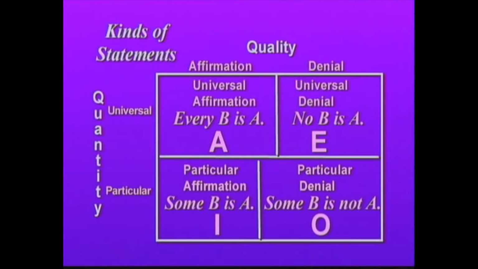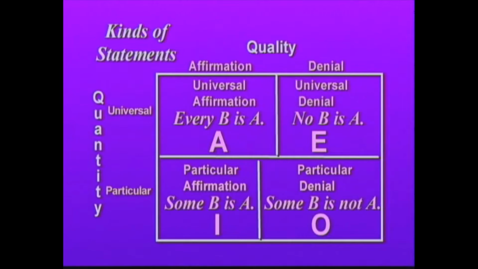Across the top is the distinction of statements according to what we call the quality of the statement, whether the statement is an affirmation or a denial. Along the left side is a division of the statement according to the quantity of the statement, whether it's universal or particular. For example, we have first of all the universal affirmation.